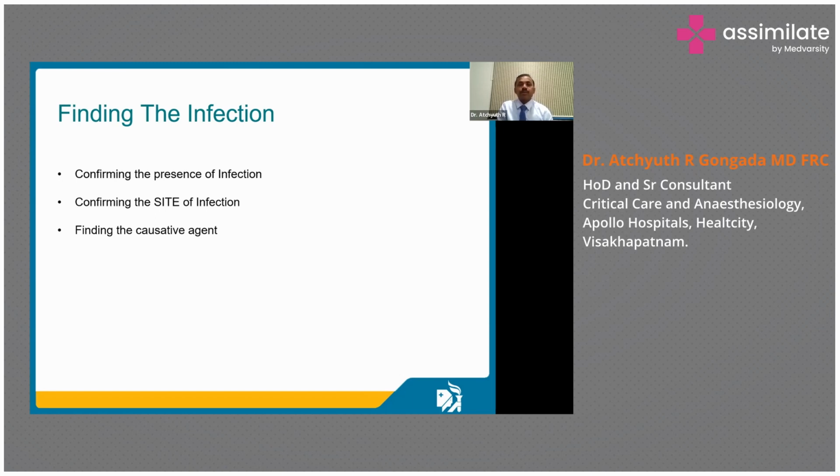We might also be able to isolate the causative agent, but not be able to find the site of infection. In another combination, we see that there is an infection with direct or indirect markers, and the site of infection is also seen with clinical examination or history and imaging techniques, but we might end up not being able to isolate the causative agent.